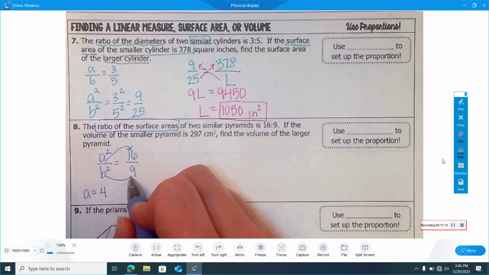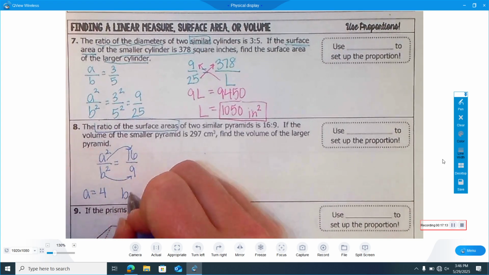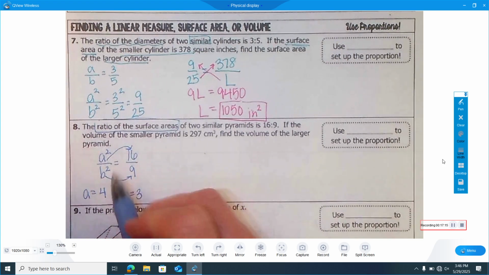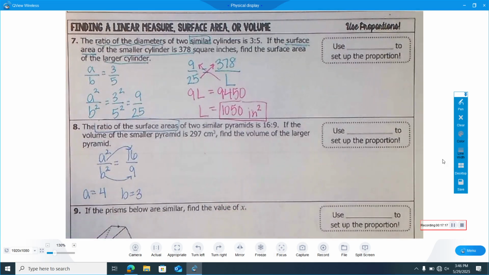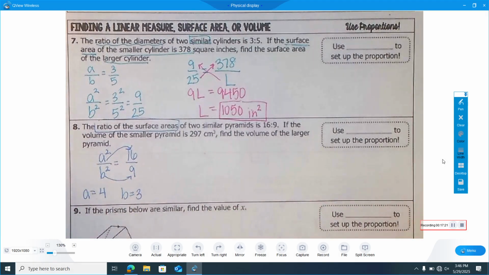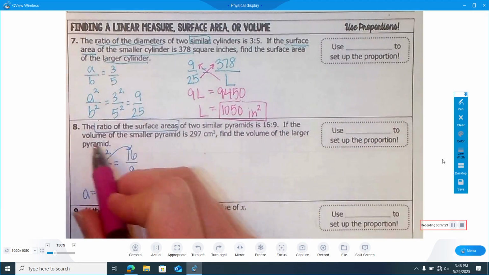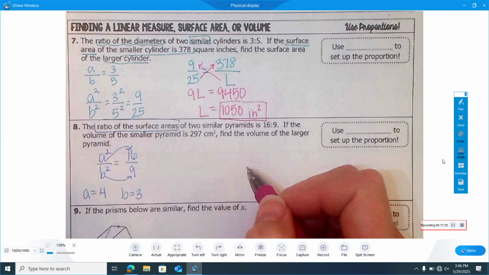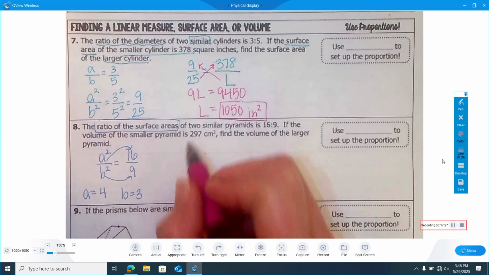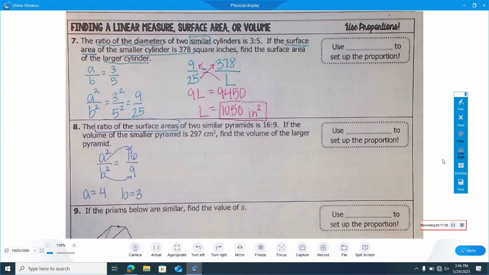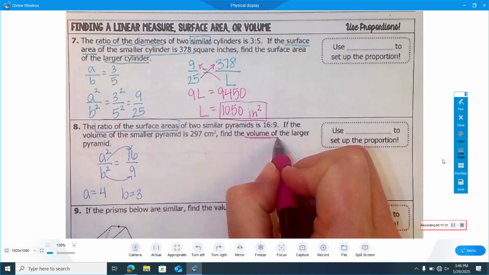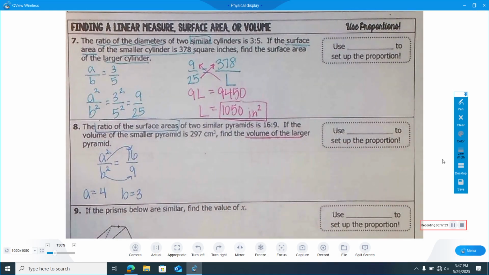And what number squared gives you 9? Well, 3. 3 squared gives you 9. So now I know my a and my b. And what I'm going to do with that, it says, if the volume of the smaller pyramid is 297 centimeters cubed, find the volume of the larger pyramid.